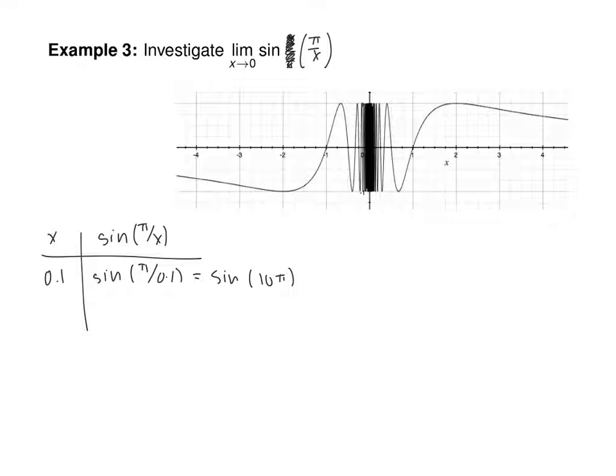What is sine of 10 pi? 0. Okay. If I pick 0.01, what is pi divided by 0.01? 100 pi. And what's that going to be? 0. Does it make sense you're going to keep getting 0 every single time? You see that? 0.001, so is the limit going to 0?